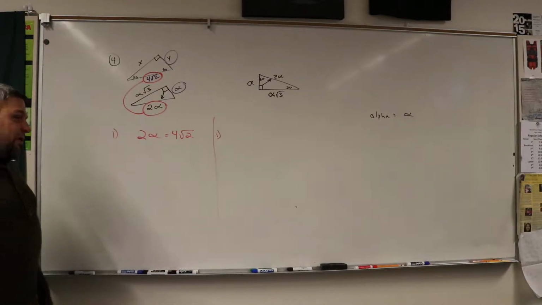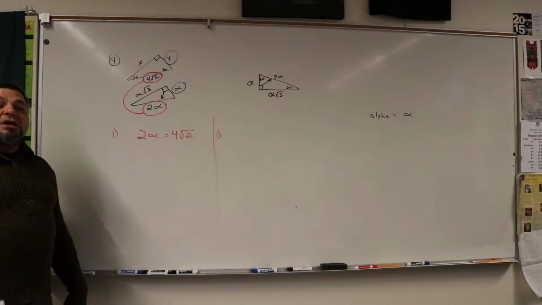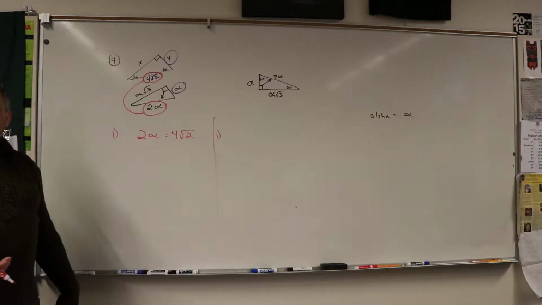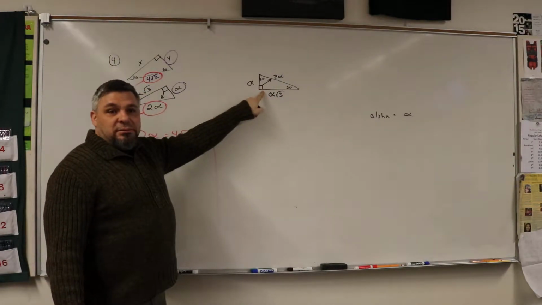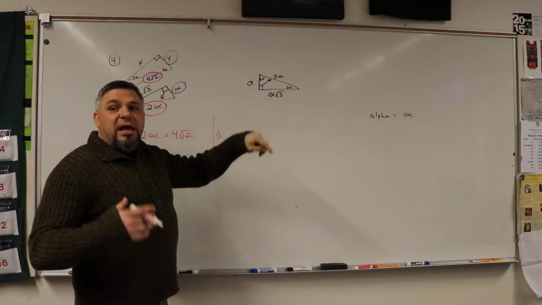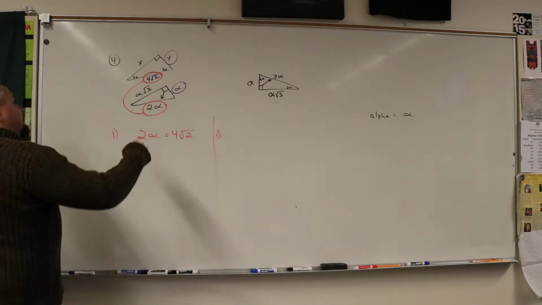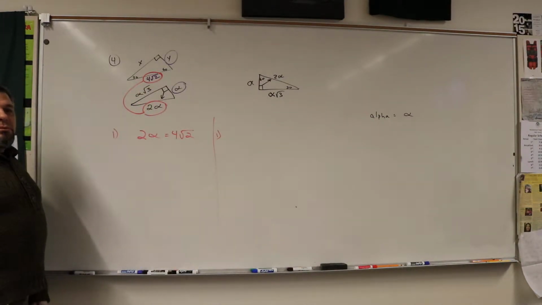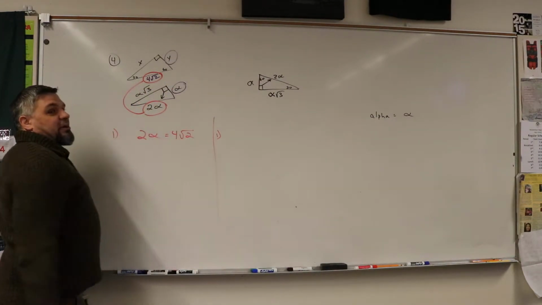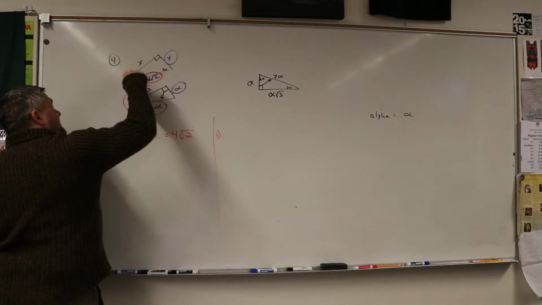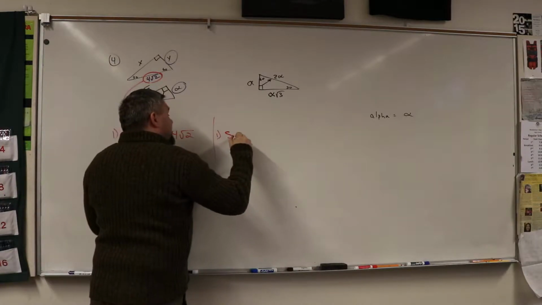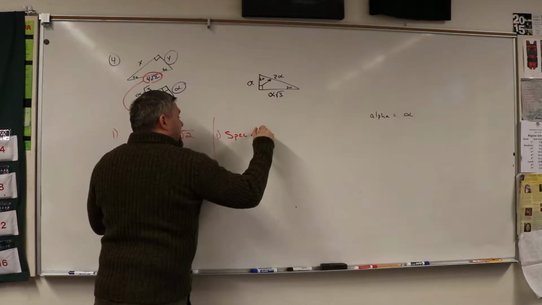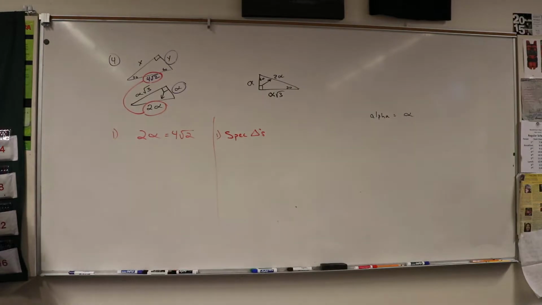For those of you who just joined us, this is a special 30, 60, 90 triangle. That special triangle lets us say that these sides are equal, these sides are equal, and these sides are equal. So when we say these sides are equal, we just say that's because of special triangles.